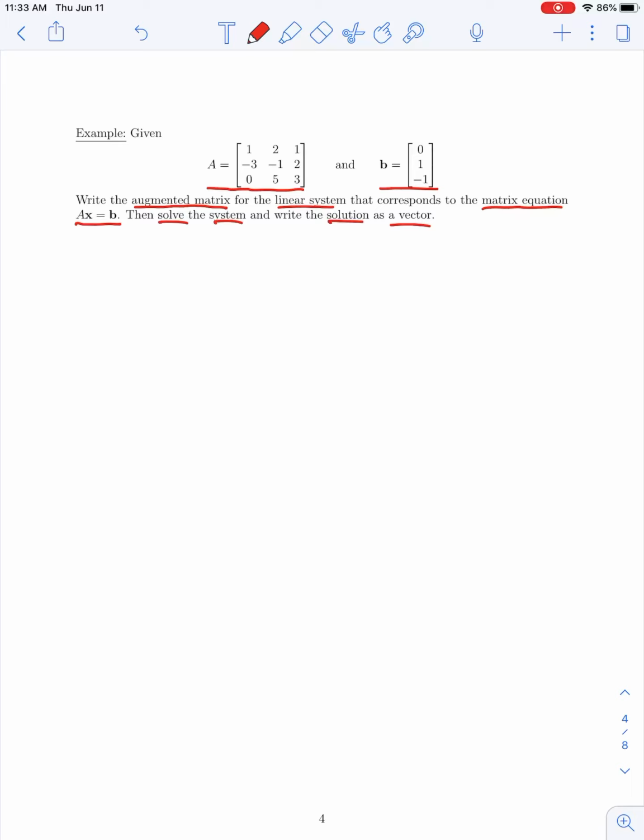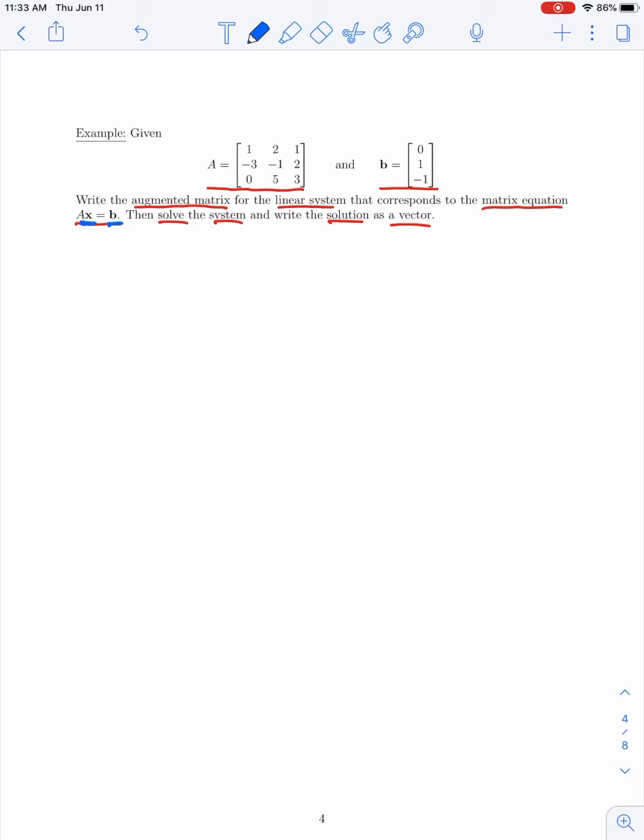So we're trying to solve the matrix equation Ax = b for the unknown vector x. We know what A and b are. The question is, what vector x would we be multiplying A by in order to have our output equal this vector b?